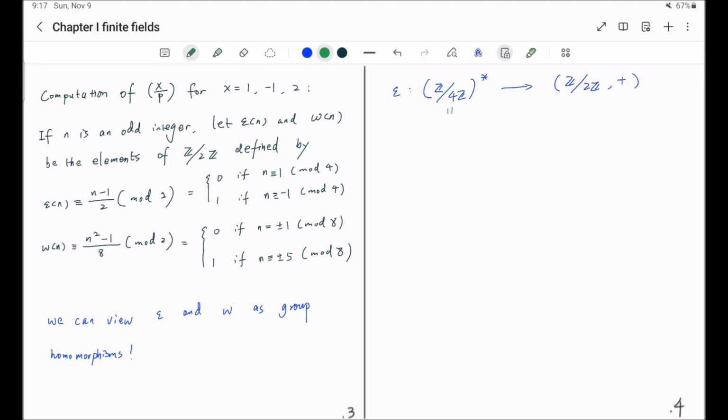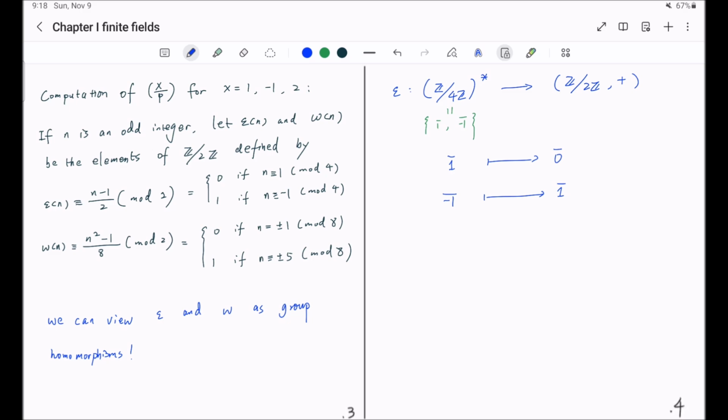Remember, this is a group of units consisting of two elements, 1 and negative 1. These two elements are the only two elements that are invertible in the ring Z mod 4Z. And this homomorphism sends 1 to 0 and sends negative 1 to 1.